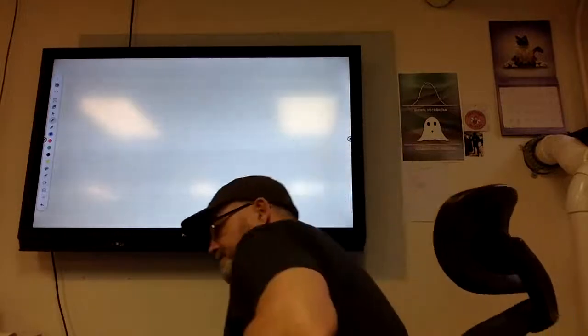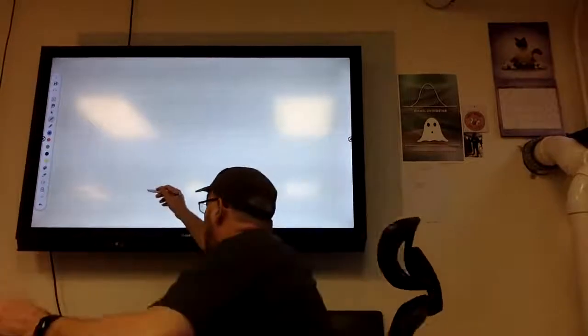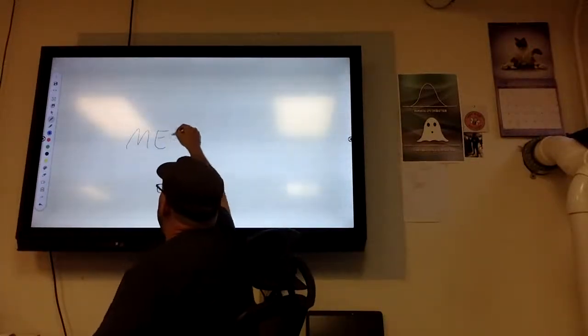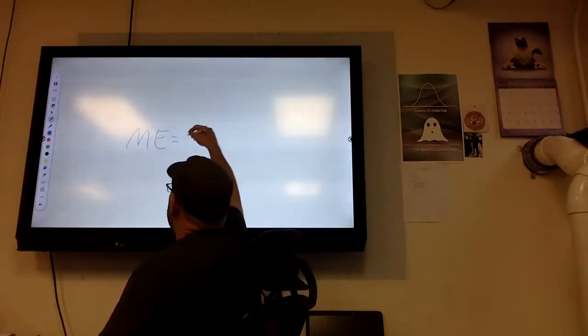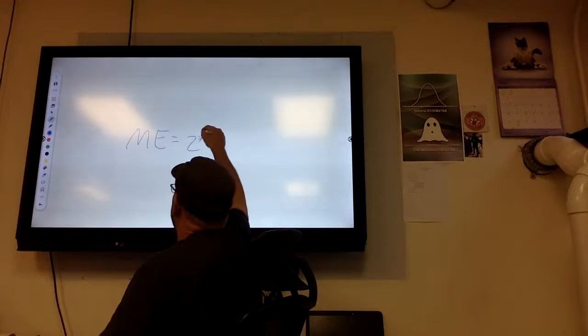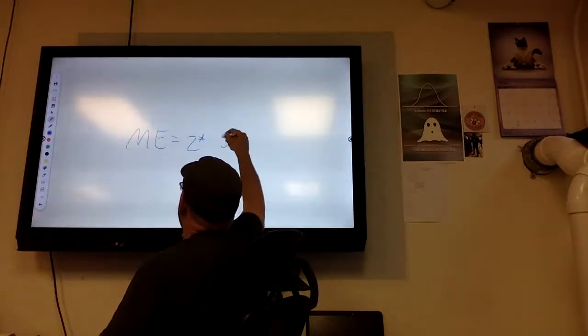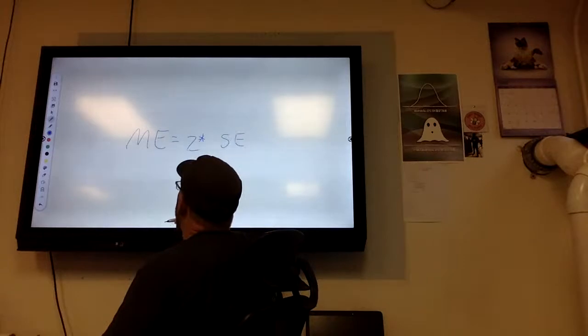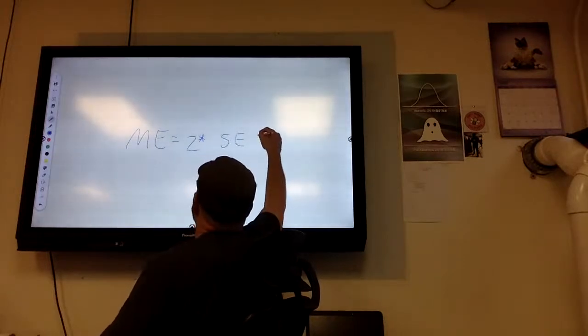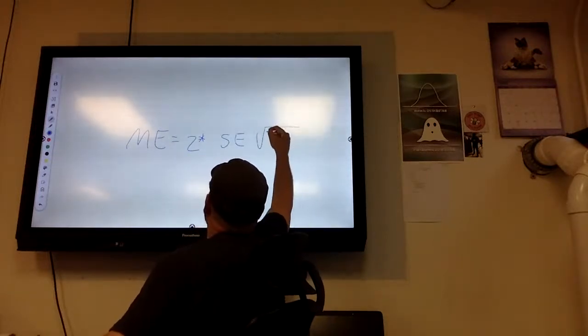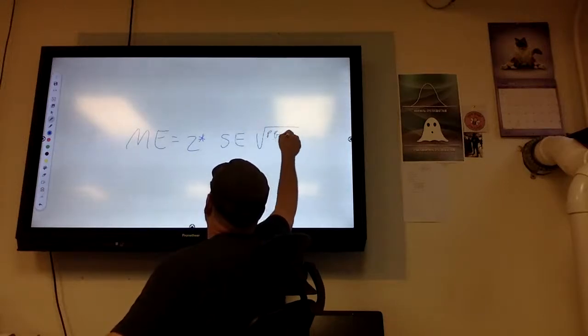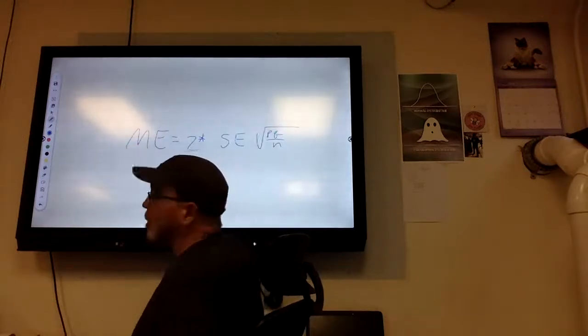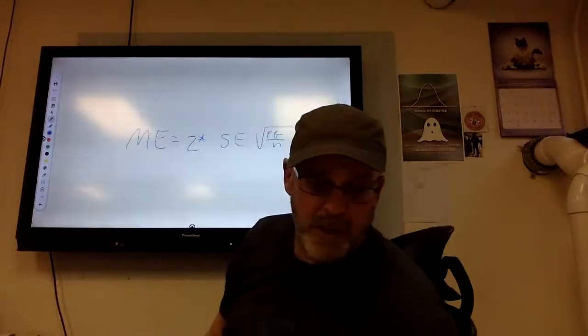So let's do it. The margin of error is equal to z star, because this is proportions, times the standard error, which is the square root of PQ over N. Let's fill in the variables we know.